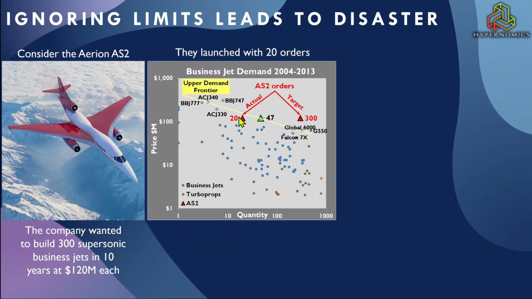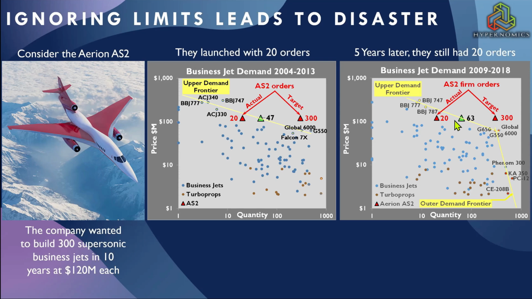Now, these guys launched with 20 orders, and so there was an upper demand frontier for the business jet market that formed. So they launched for 20, and it shows that on that date, when they launched, they might have been able to get as many as 47 orders. And then 5 years later, they still had just these 20 orders. Now, the demand frontier was moving in the right direction, it went from 47 to 63, but as you can see here, it was still far away from where they needed to be.